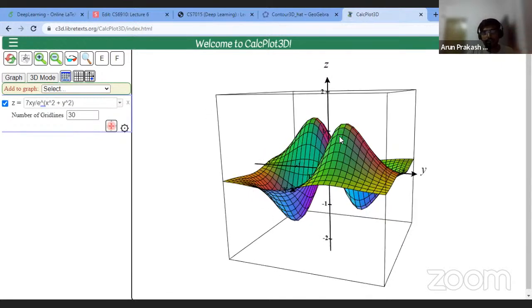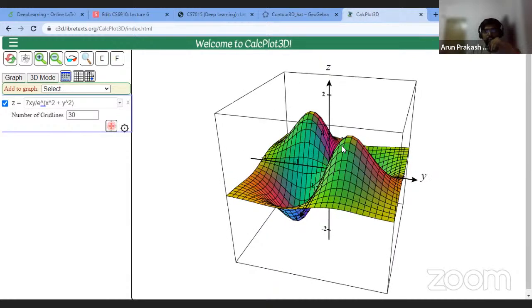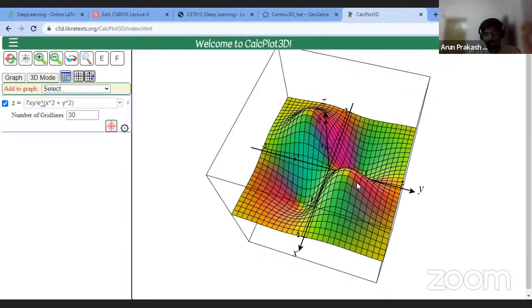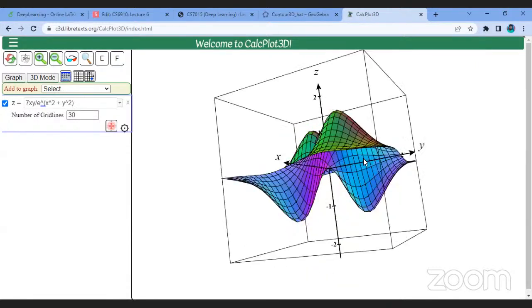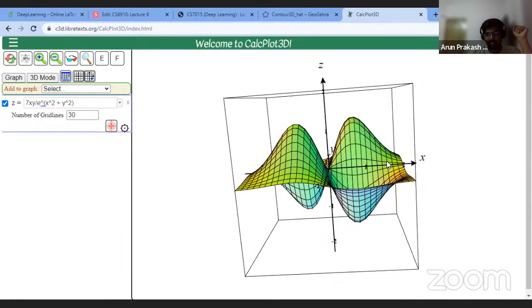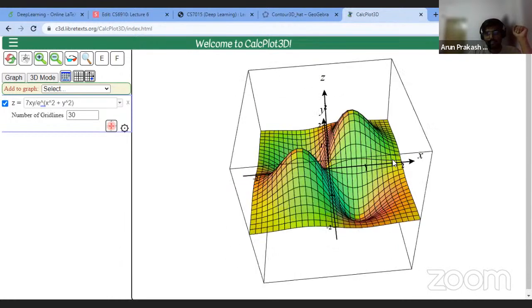By looking at the surface, I know I have 2 maximums and 2 minimums. Now I want to draw a contour map for this surface. So what should I do?